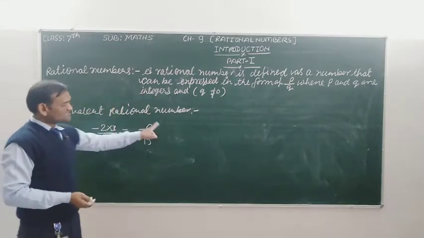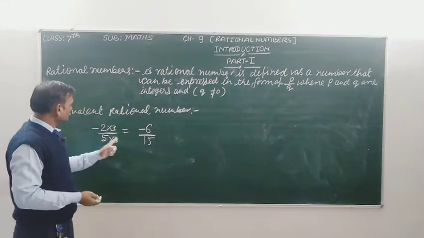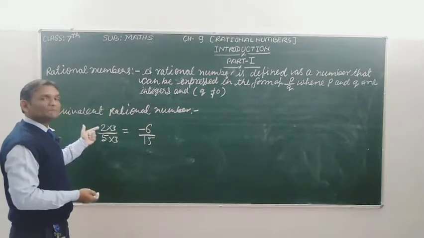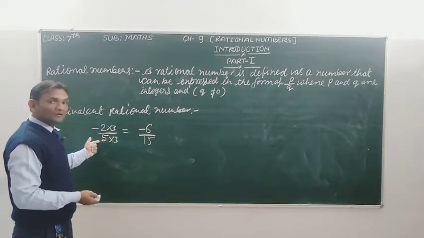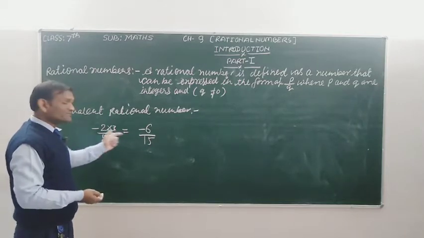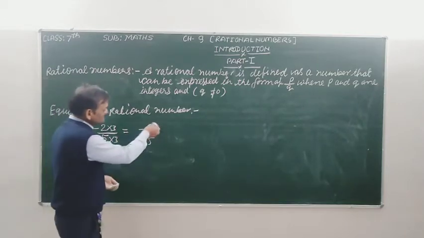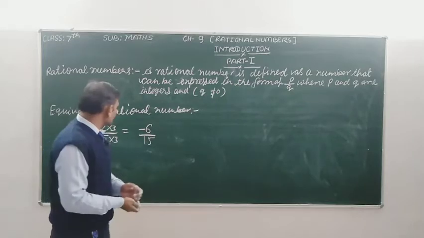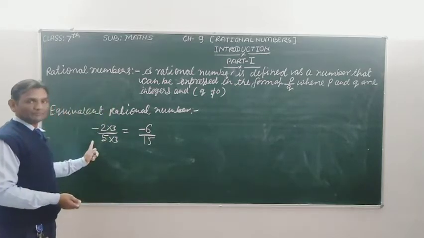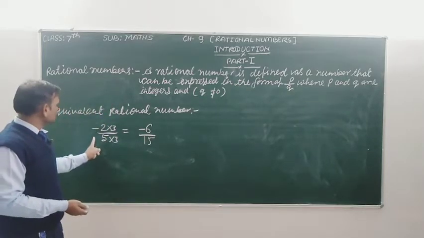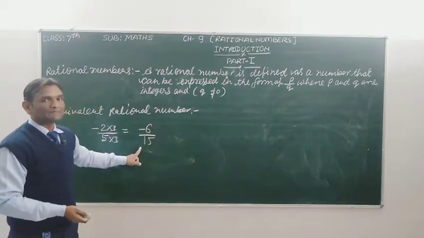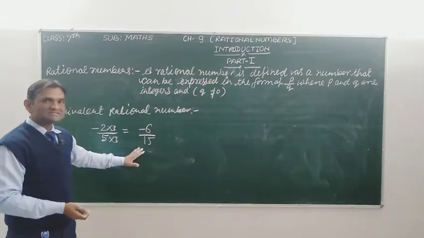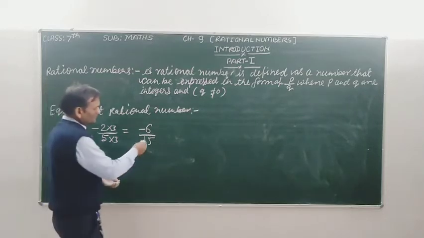Student, minus 6 upon 15 is the equivalent rational number of minus 2 upon 5. How can we check? If we write the minus 6 upon 15 in the simplest form, then we get at the last minus 2 upon 5. So you can say that minus 2 upon 5 is equivalent to minus 6 upon 15.